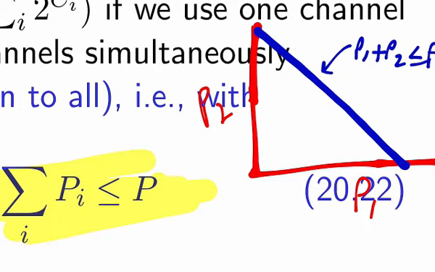Obviously the powers can't be negative. But you might have other constraints as well. Like you might say, oh, I don't want P2 and P1 to be too big. And so you get a power constraint that looks something more akin to this. This should be a polytope associated with the constraints on the power.